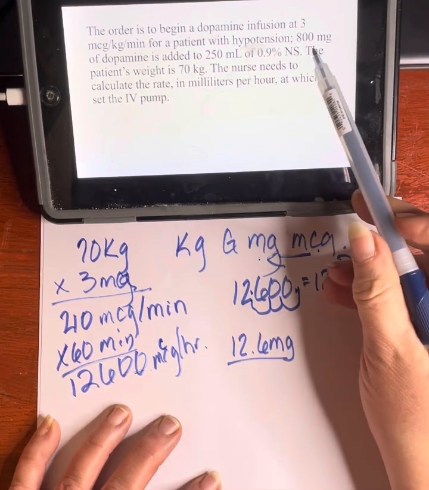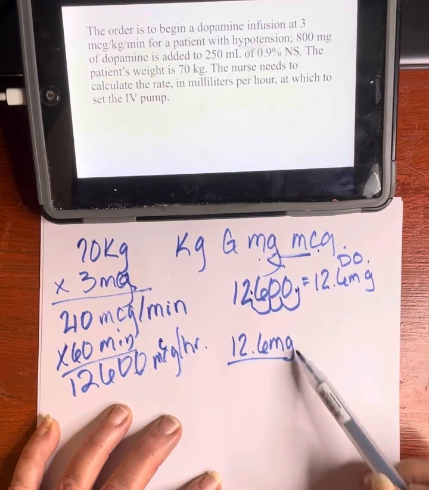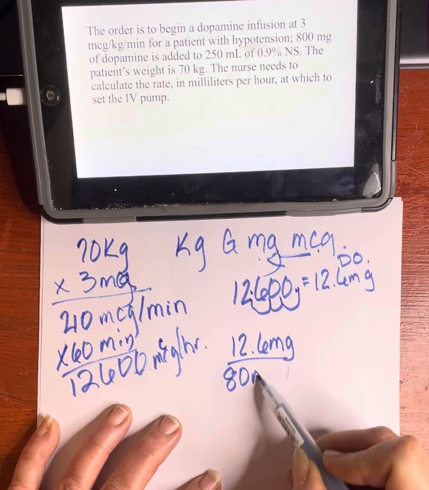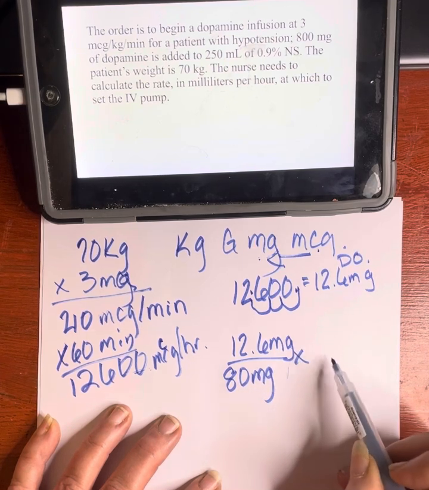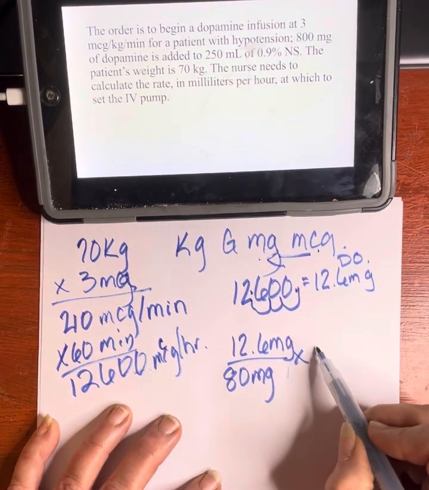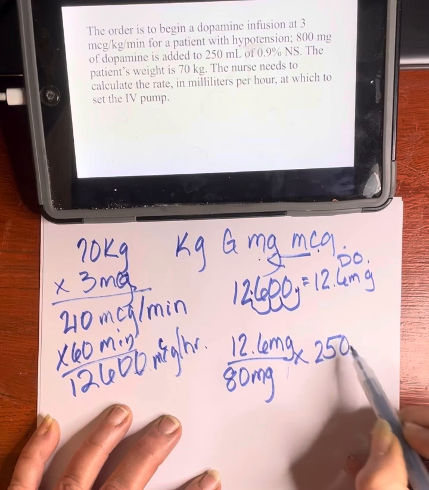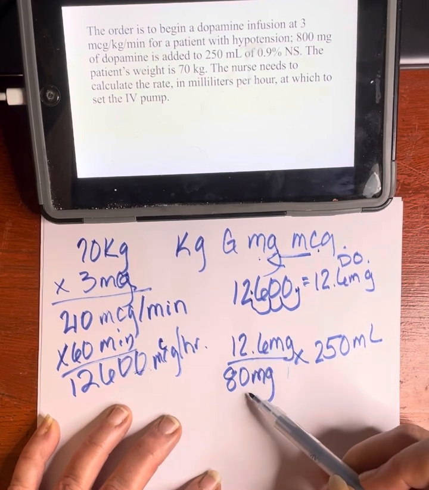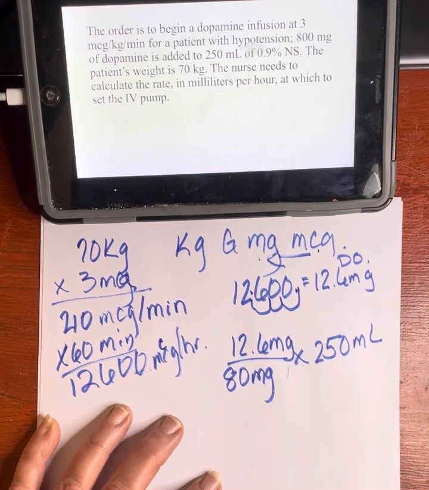What I have that matches milligrams, because you got to have the same last name to go in this fraction, is 800 milligrams. Times how it comes. It's coming in 250 milliliters. And we're doing the math. That divided by that times that. Okay?